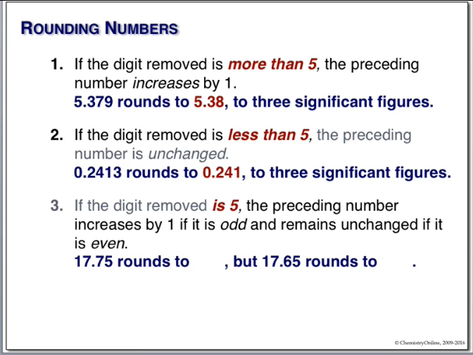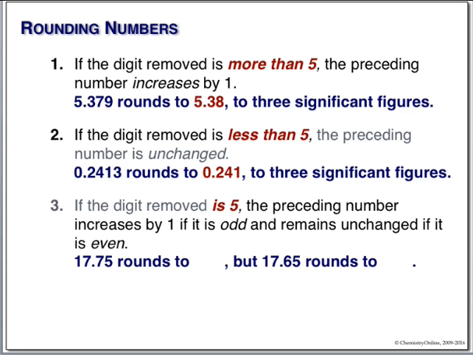Most people get that. The rule that most people don't know is what happens if the digit that you remove is exactly 5? Well, if the preceding number is odd, it's going to increase by 1.